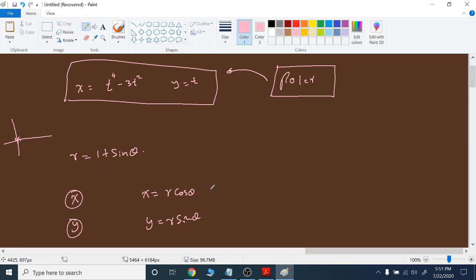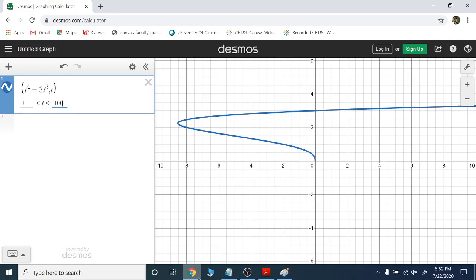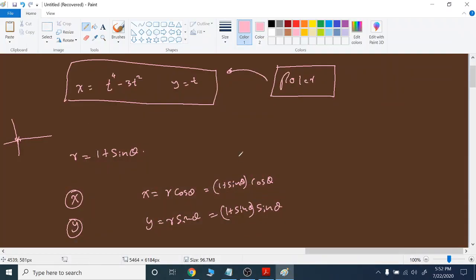And here r is equal to 1 plus sine theta, so x is 1 plus sine theta times cosine theta, and y is 1 plus sine theta times sine theta, right? But the thing is, in this website you cannot indicate the letter theta.